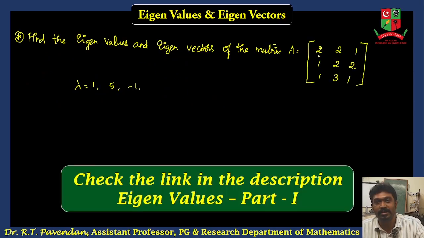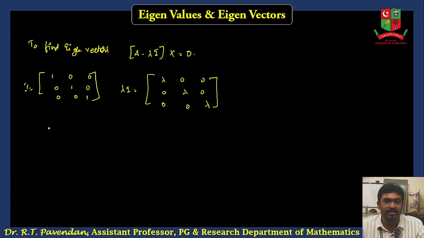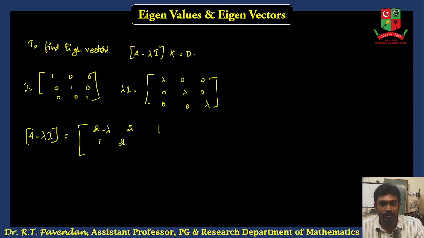So A minus lambda I matrix is going to be 2 minus lambda, 2, 1; 1, 2 minus lambda, 2; 1, 3, 1 minus lambda.